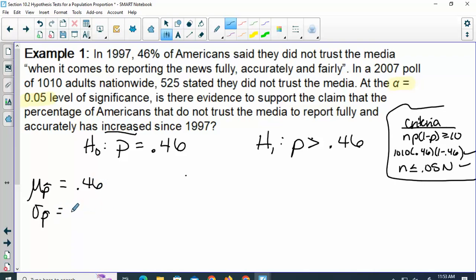Standard deviation is the square root of 0.46 times 1 minus 0.46 over my n, which is 1010. You get 0.0157. Any questions so far?